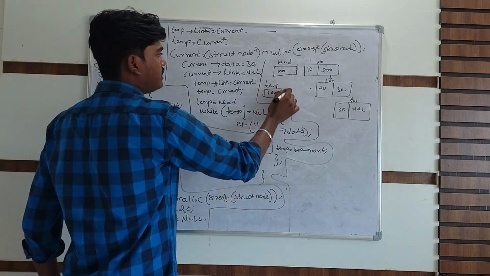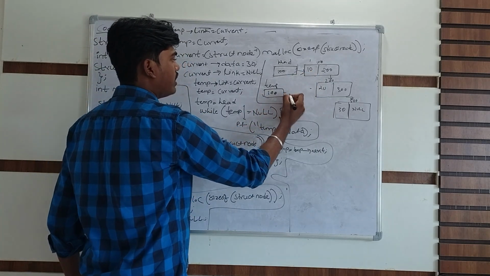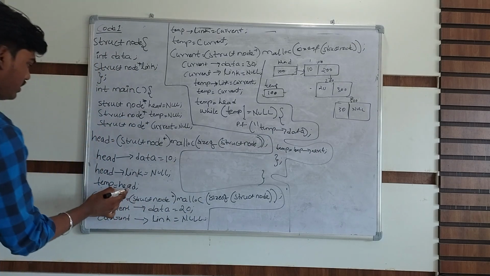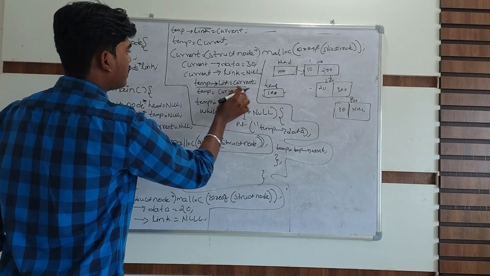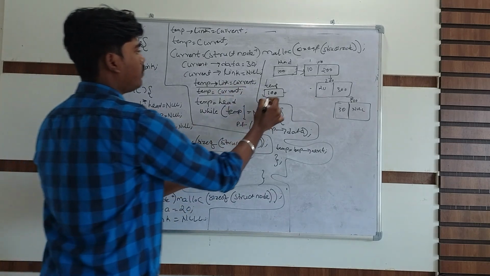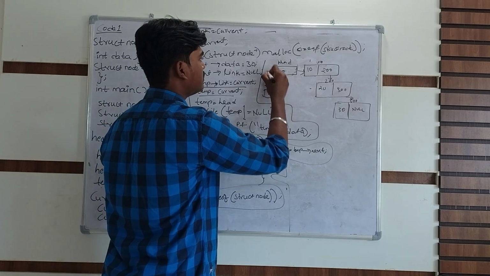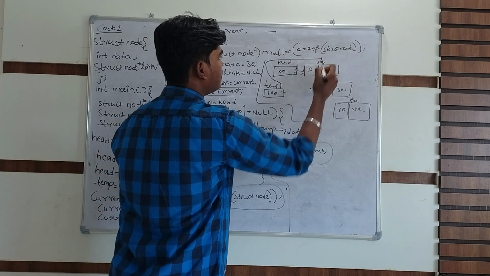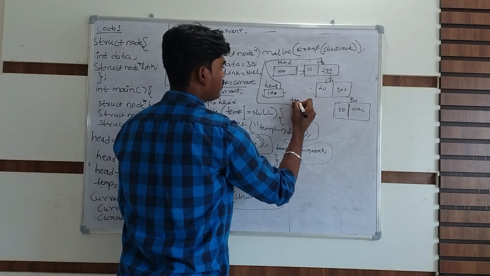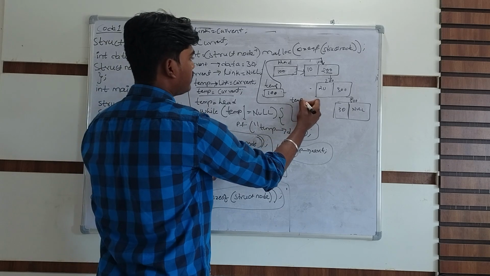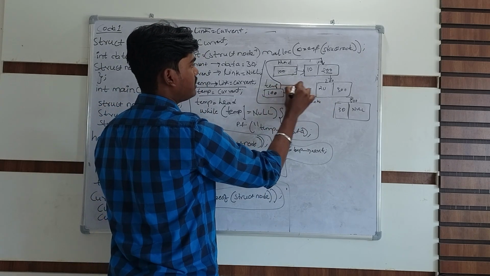Initially temp is 100. Now we use the statement temp equal to temp link, current. Here temp is 100. What was temp link? This 100 was linking to 200. This is temp, this is temp link.